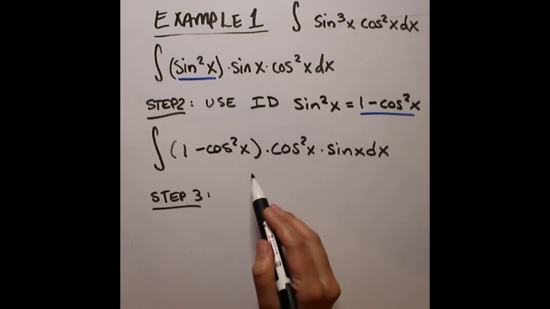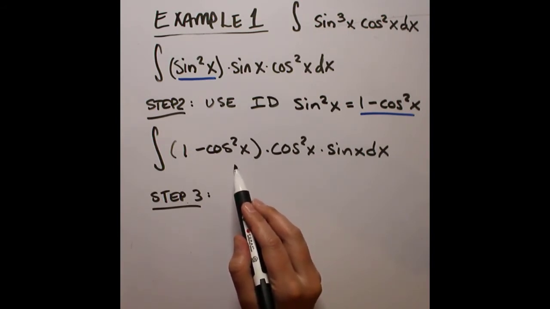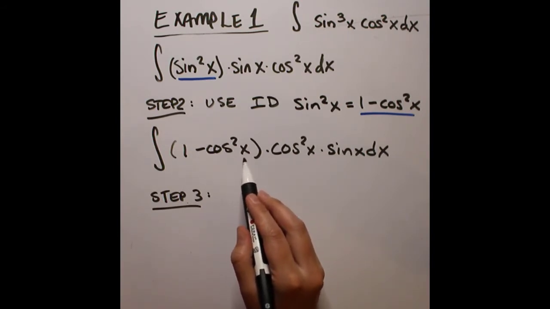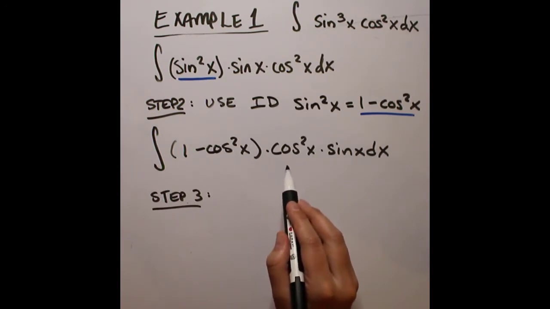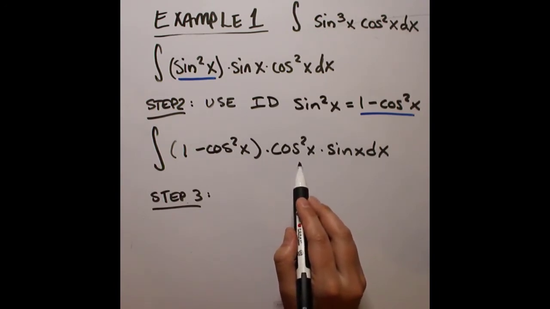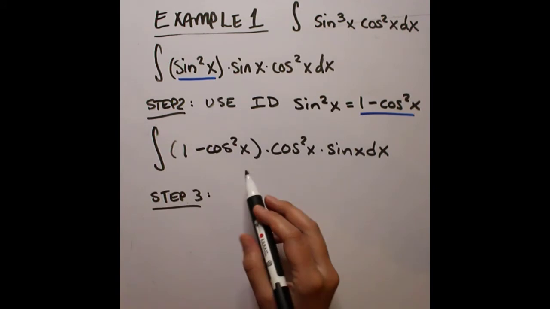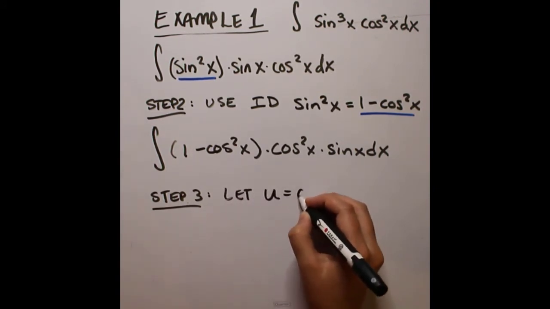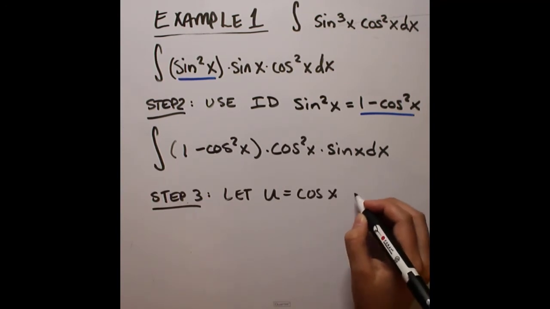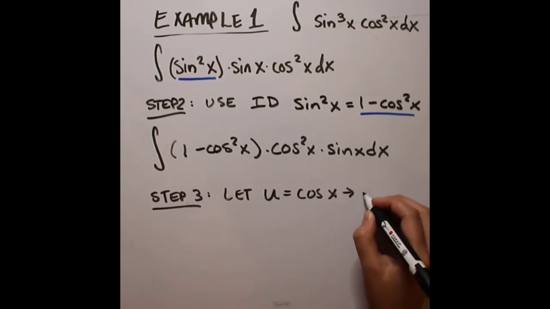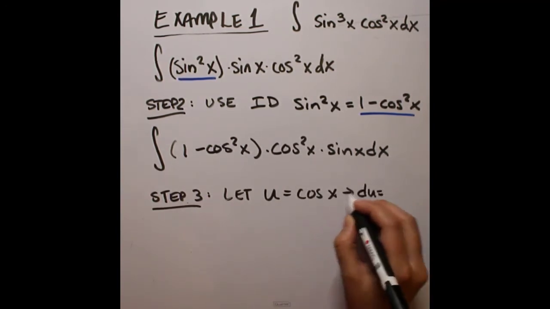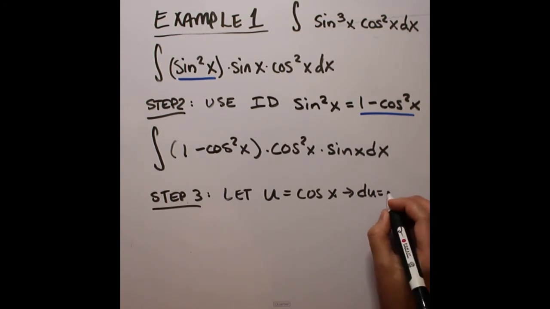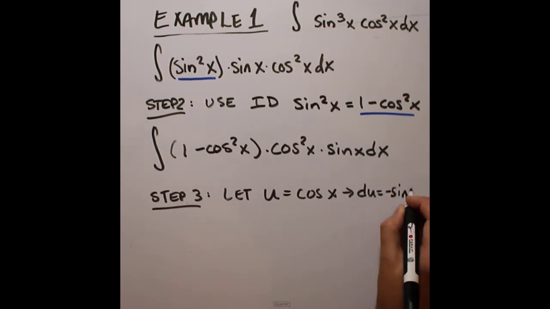If we choose to use u as our variable in terms of cosine x, our derivative of that would be present, which is the sine x. So we're going to go ahead and let u equal cosine x. And so if we choose that, we know that du, the derivative of cosine x, is negative sine x dx.